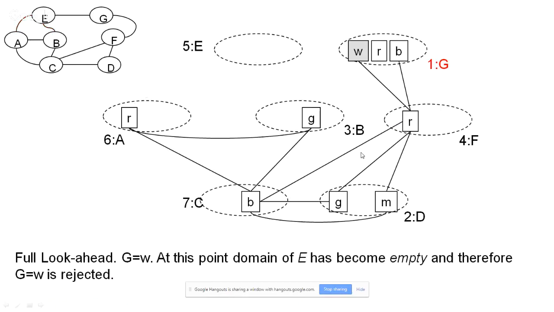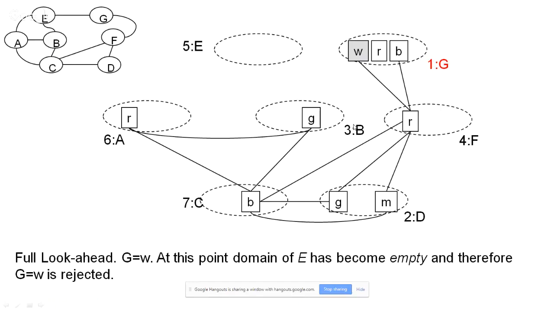And again, you discover that the domain of E has become empty. So this white for G is not going to work. So even full look ahead could do that, which is doing less work than full AC, but it's doing more work than forward checking. Forward checking had to try out a lot before it backtracked. Full look ahead and full AC just tried the first value and said it's not going to work.